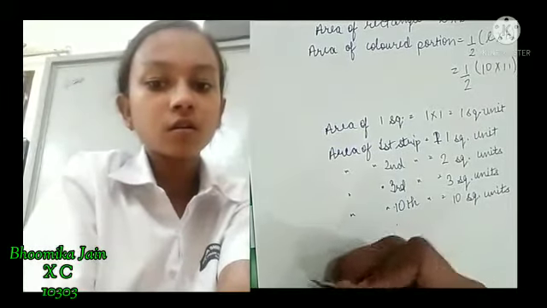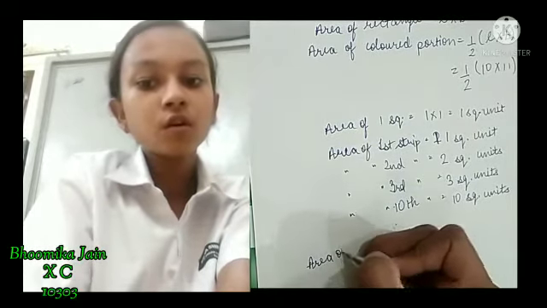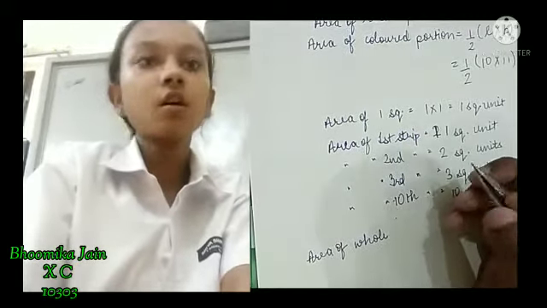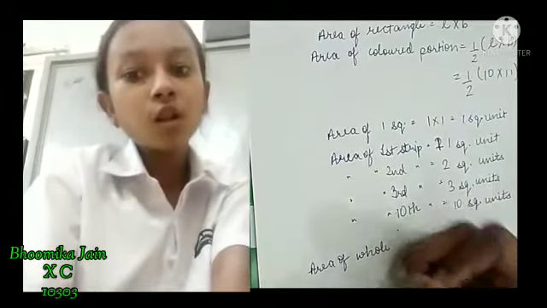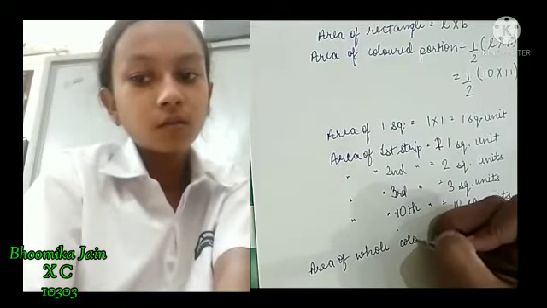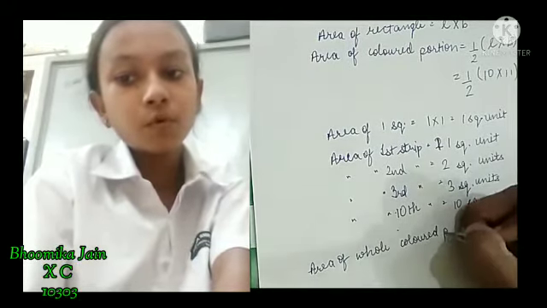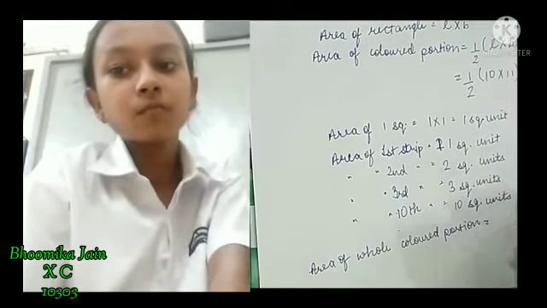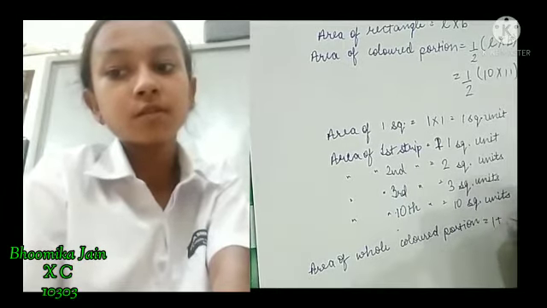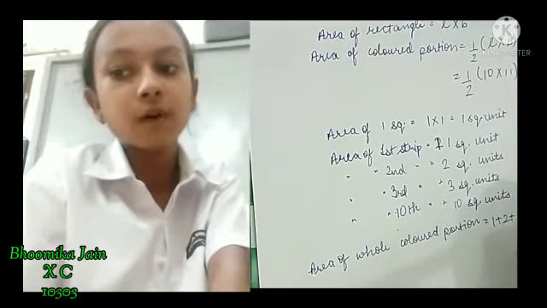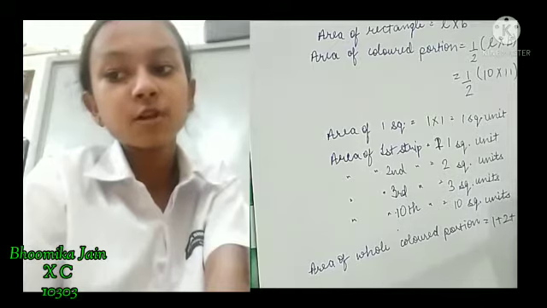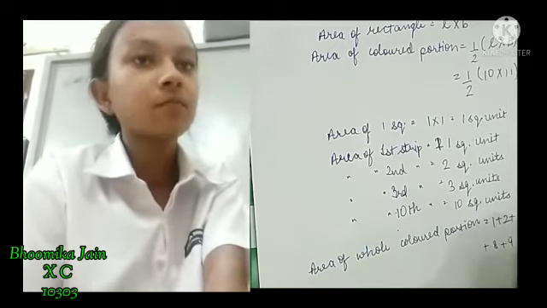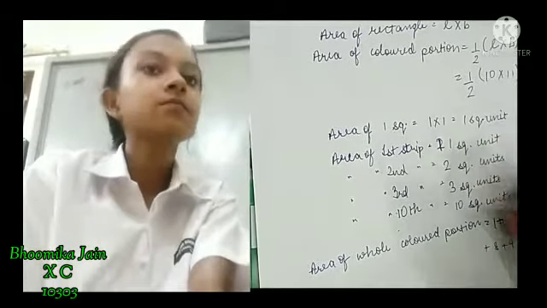Area of the whole colored portion: what will it be? 1 plus 2 plus 3 plus 4 plus 5 plus 6 plus 7 plus 8 plus 9 plus 10, as from here.